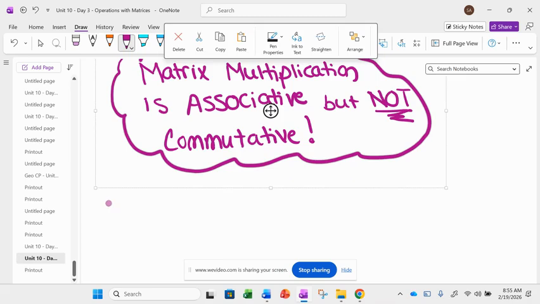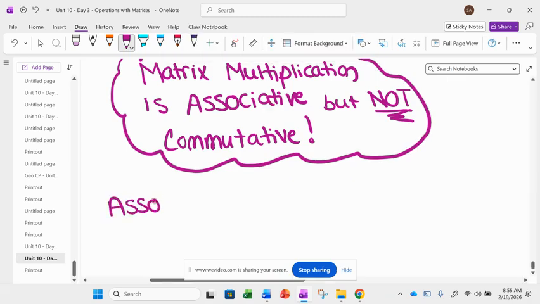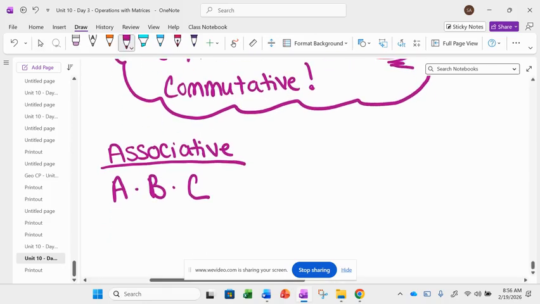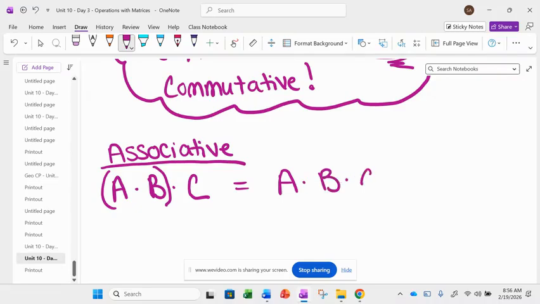It means if I have A times B times C, and I leave them in this order and I multiply A times B, and then take that product and multiply it by C, it's going to be the same as if I multiply B times C, and then take that product and have A multiplied by that product.